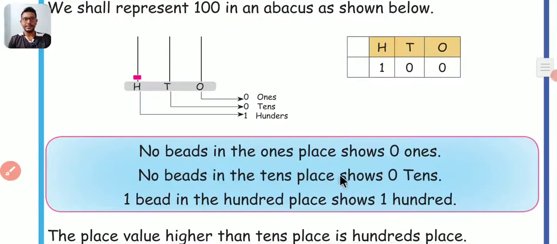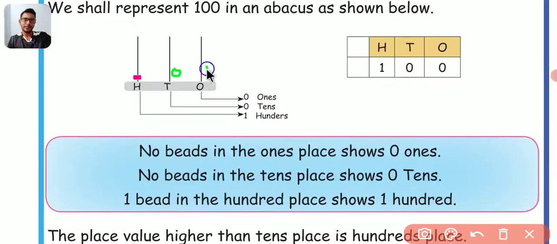Here they are giving it in the box. I am just explaining: no beads in the ones place, no beads in the tens place, which shows 0 tens. That means you have to put 0 here, and this is also 0.